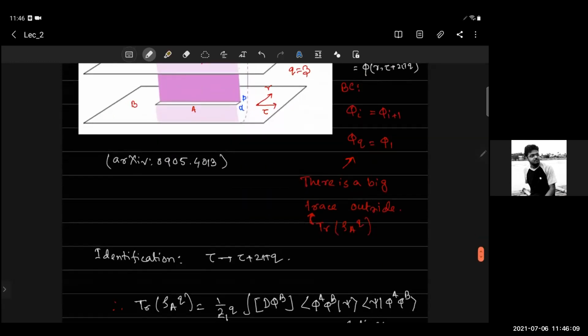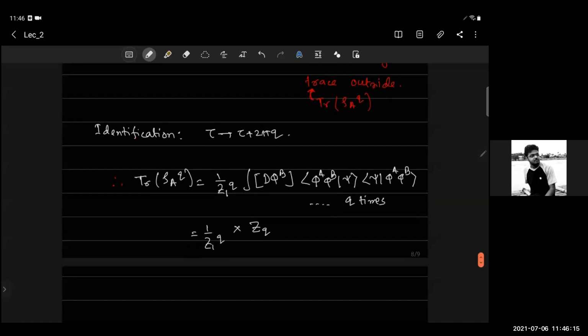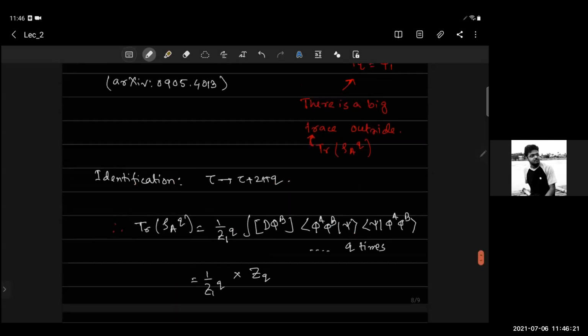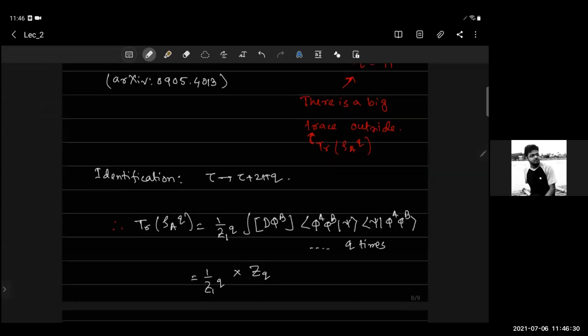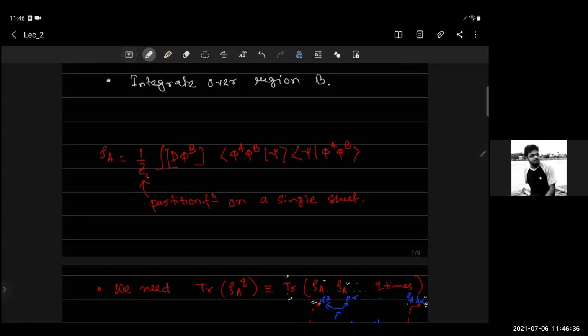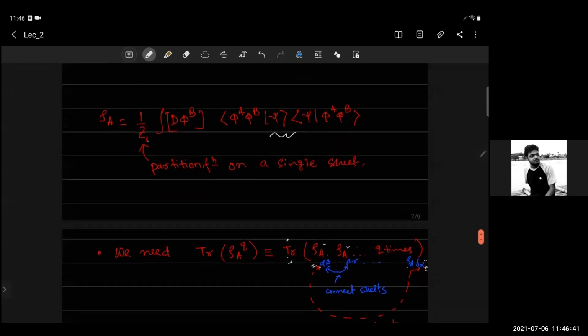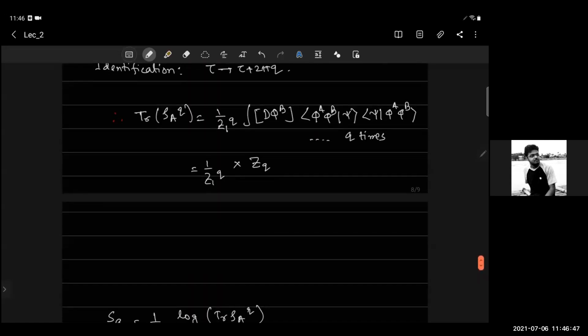So now you want to evaluate trace of rho a to the power q. Therefore, you have to multiply rho a q times and take a whole trace sitting outside, which is shown pictorially here. And you see there is a 1 over z sitting outside because from the definition of rho a, rho a has a 1 over z, integral over d phi b, and you multiply it q times. So rho a to the power q becomes 1 over z to the power q, where z is the partition function on a single sheet, and you take the whole trace.